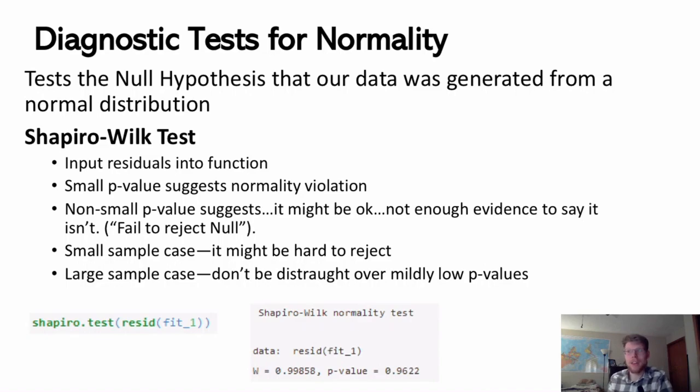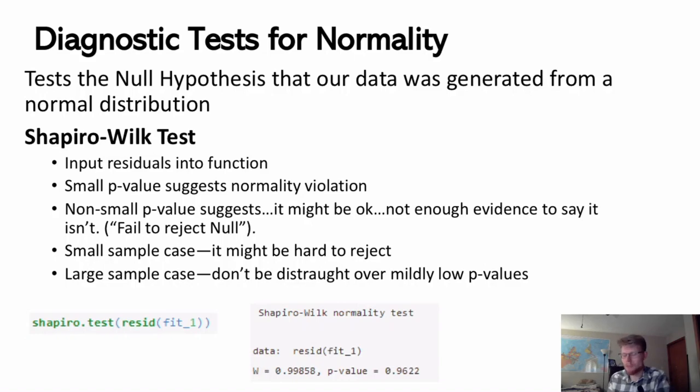Now, the flip side of that is the large sample case. This is where we don't want to get carried away by really small p-values, because we're going to very frequently see some super low p-values when we have really large samples. And again, it just means that we're confident it's not normal, but the p-value isn't telling us how abnormal it is, just how confident we are that there's at least some departure from normality.